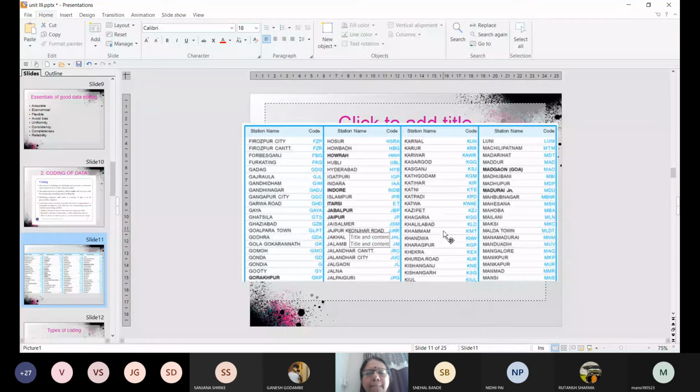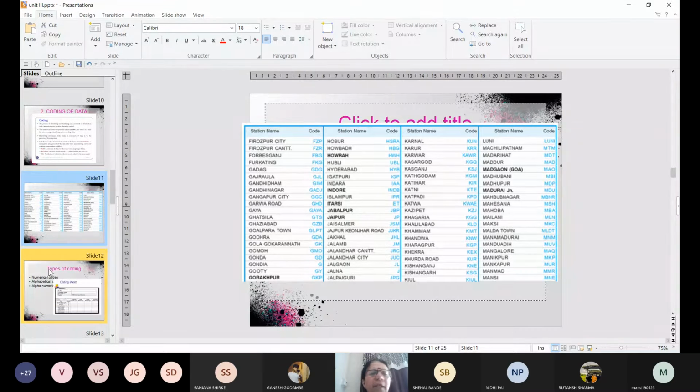Here there are some examples of station names and their codes. You see Jabalpur, JBP over here, Gandhidham, GIM over here. So these codes are for facilitating the railways. Why these codes are created? We don't know. That is for the ease of operation, or for ticketing, reservation, etc. So these codes are generated.